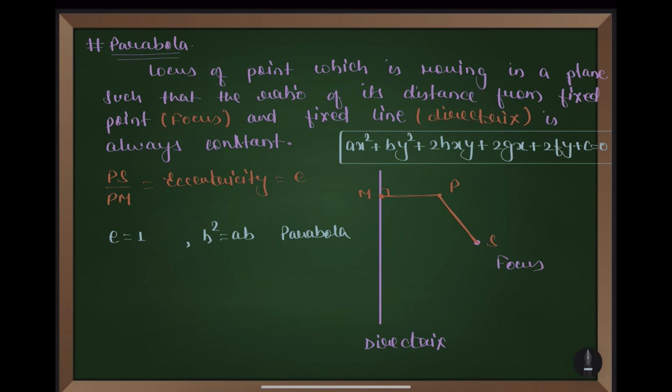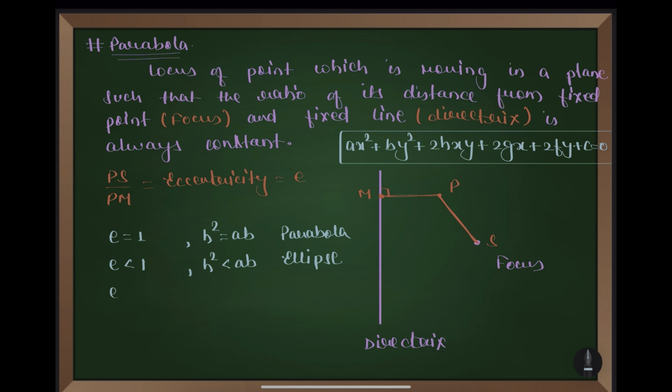Okay. Or you can go with this part as well, like if eccentricity is 1, because it's a ratio now. It can be 1, it can be smaller than 1, it can be greater than 1. So now h square should be smaller than AB. So if you face this condition, it is ellipse. Okay, if h square is smaller than AB, it is ellipse.